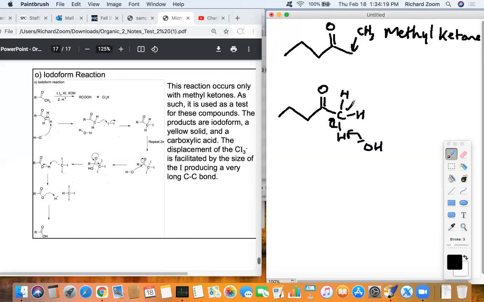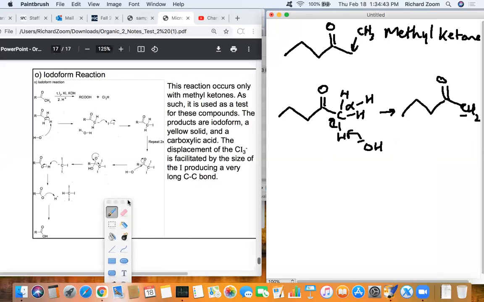And you'll notice that this is an alpha hydrogen as well, because it's right next to the C double bond O. Because what that does is it forms a negative charge that can resonate between the C and the O, the double bond O here, which gives that anion a little bit of stability.